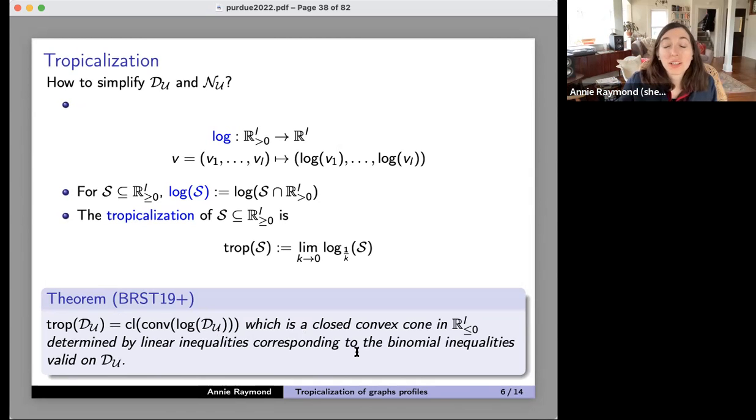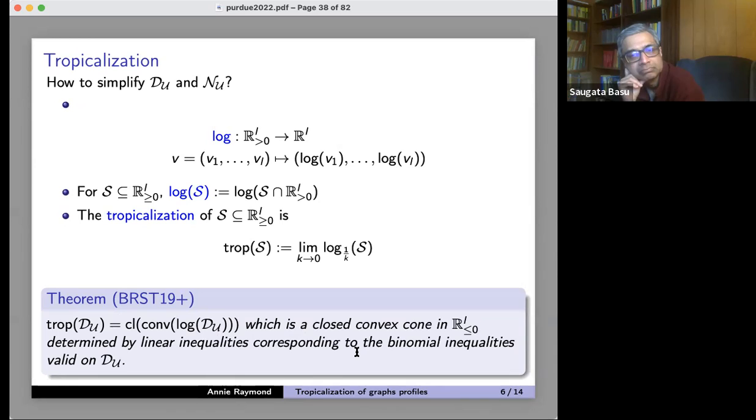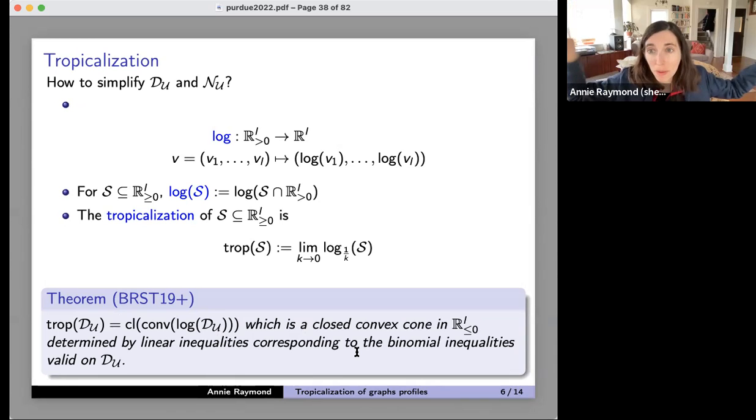So it means that you get a closed convex cone. Again, we're starting with this graph profile that is very complicated. We don't know how bad it is. And after you tropicalize, you get a closed convex cone that is much simpler.